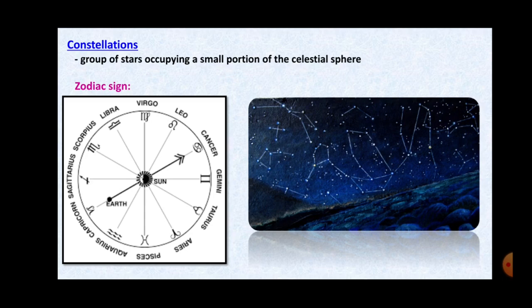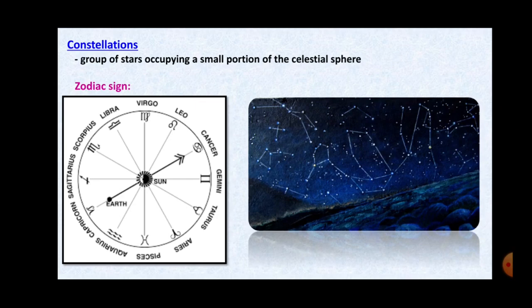And you can read the names: Virgo, Leo, Cancer, Gemini, Taurus, Aries, Pisces, Aquarius, Capricorn, Sagittarius, Scorpius and Libra. So these are the 12 zodiac signs.